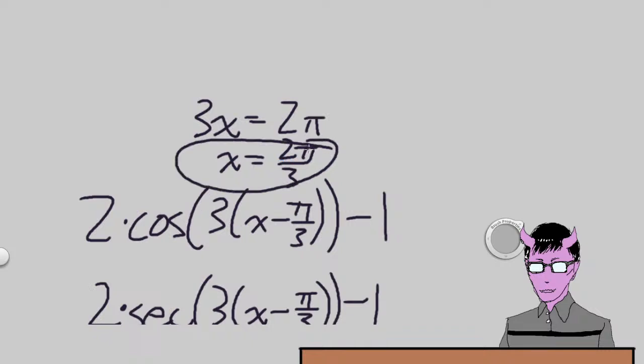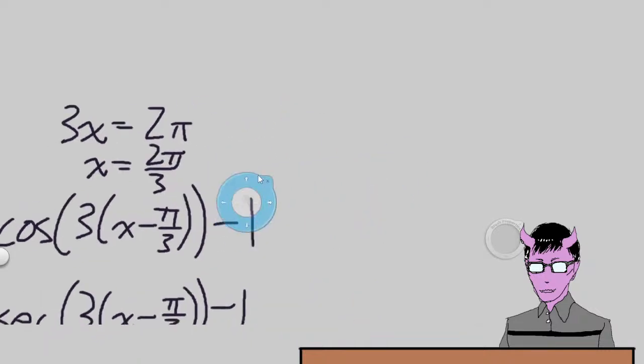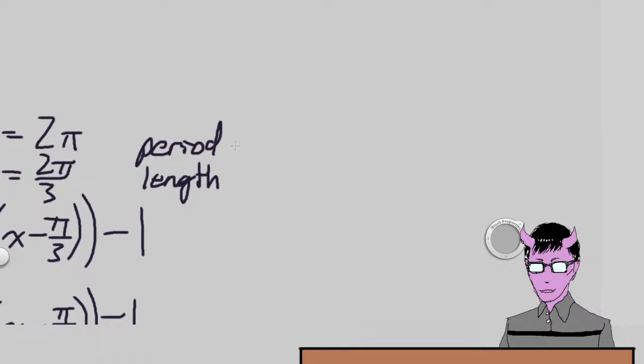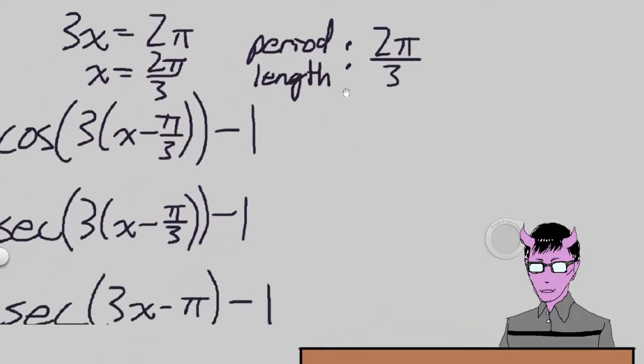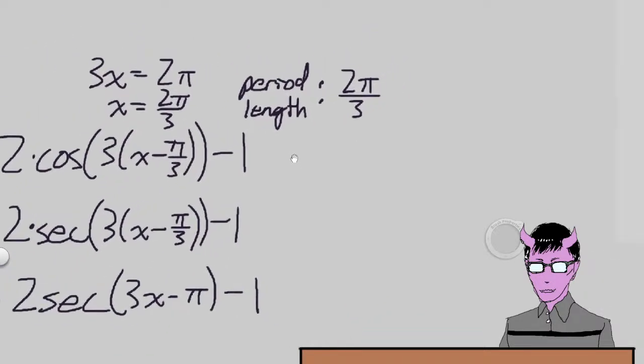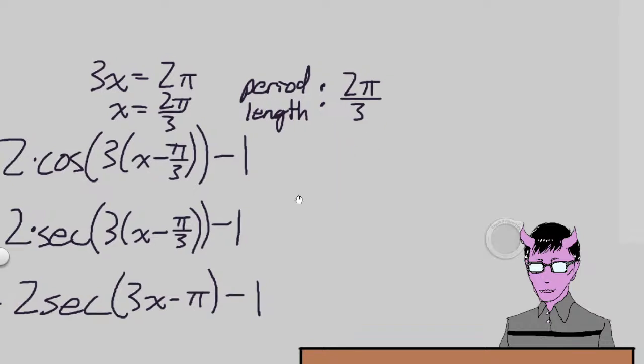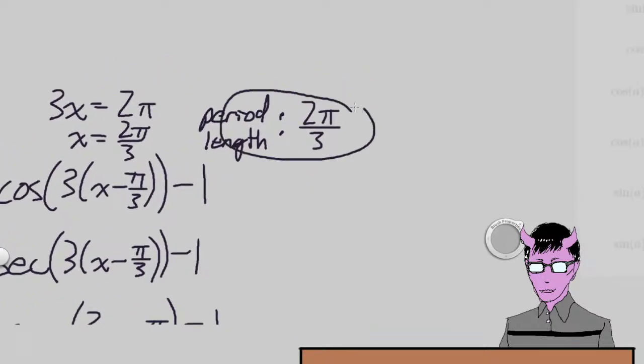Let's make note of that before I forget. So period length. Not where it begins, this is just the period length. The period length from peak to peak or trough to trough, or what I like to call reset value, is 2 pi over 3. Again, prior to shifts, this is just the length.